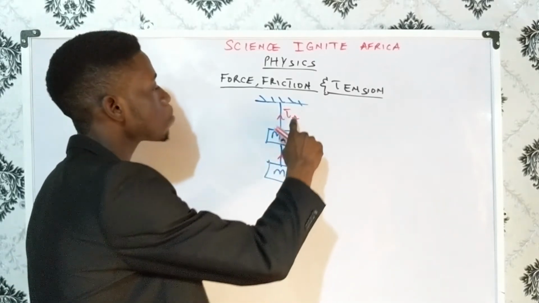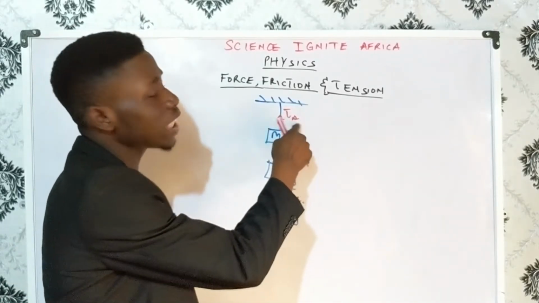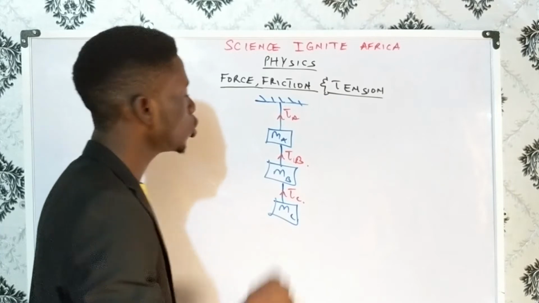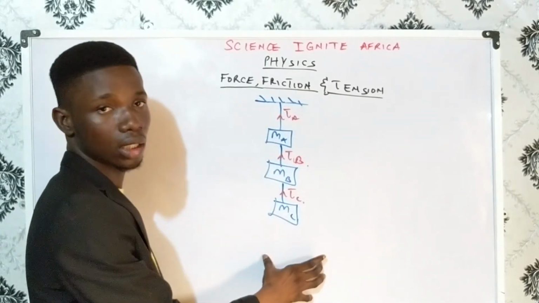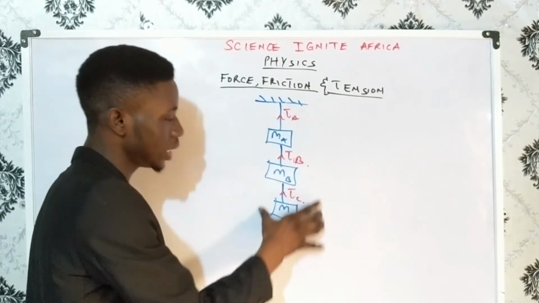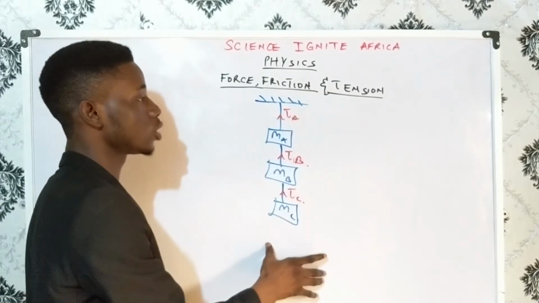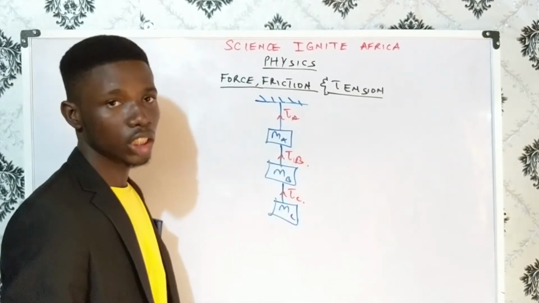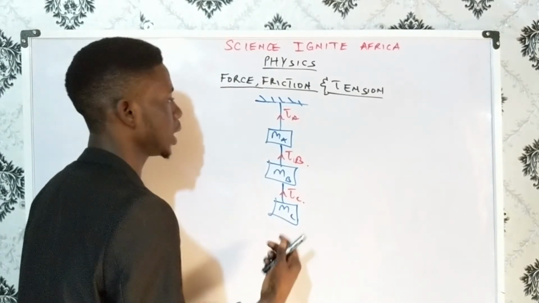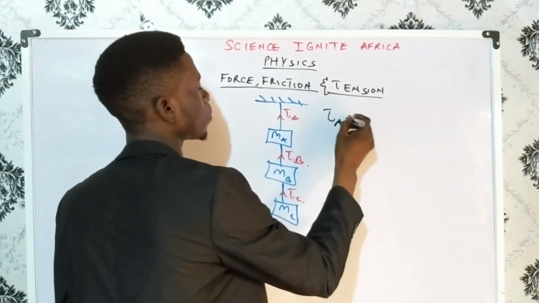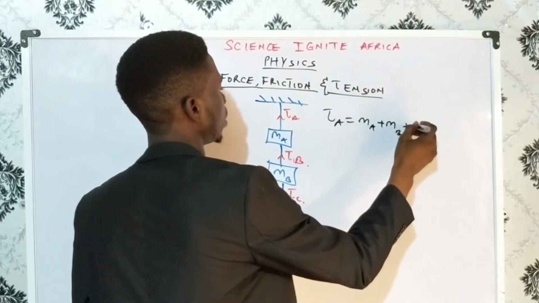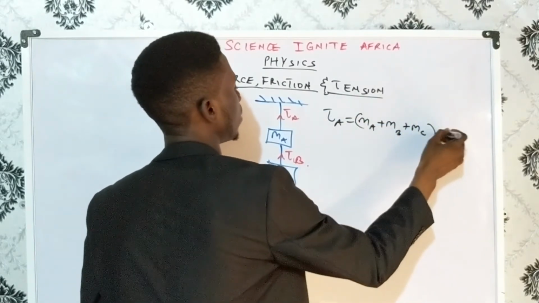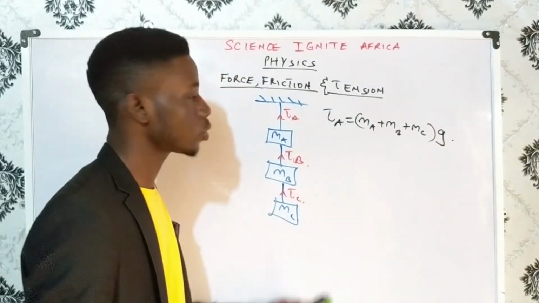Now if we consider tension in A, you will realize that tension in A is produced by the weight of these three masses hanging from A. When you sum everything together, that is what produces the tension in A. So we can say tension A equals (ma plus mb plus mc) multiplied by acceleration due to gravity. That's what tension A will be.